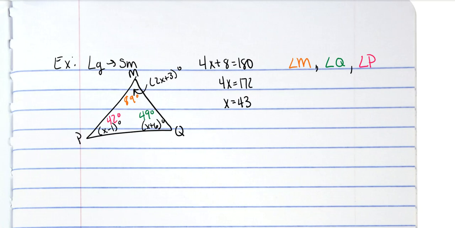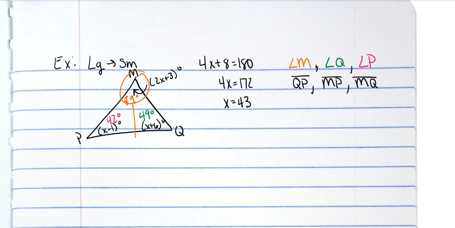Now remember, the sides that go with these are the ones that don't have these letters. So the letters that are missing from M are Q and P. The letters that are missing from Q are M and P. And the letters that are missing from P are M and Q. So you don't necessarily have to look. We can always check.